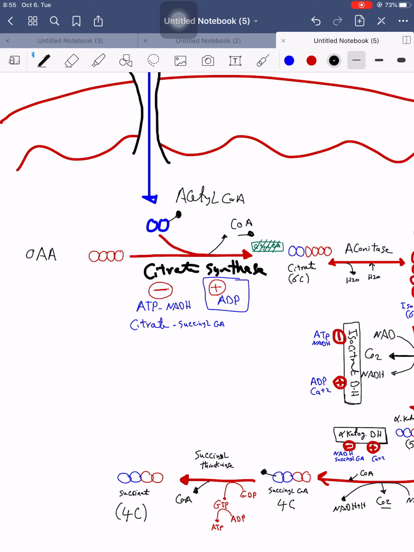After succinate is produced, we need to make a dehydrogenation of succinate, which means losing hydrogen. So we have a specific enzyme here.